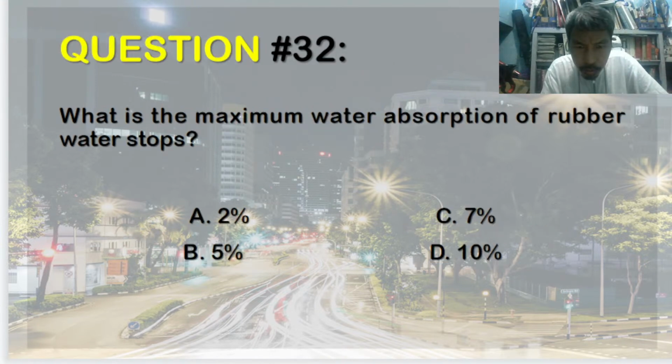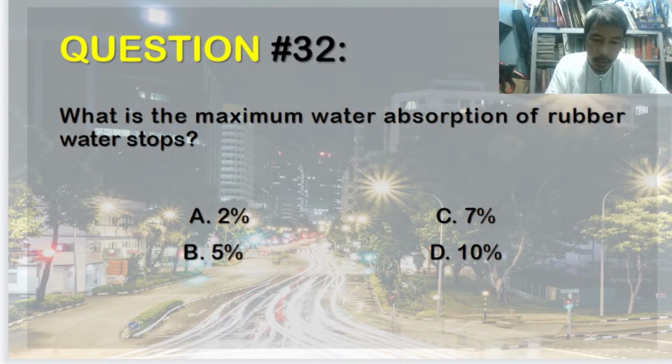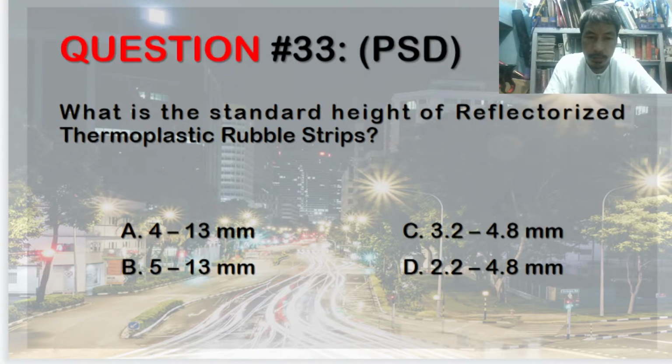Number 32, this is the water absorption percent. So, 2%, 5%, 7%, and 10%. Okay? So, question number 33.